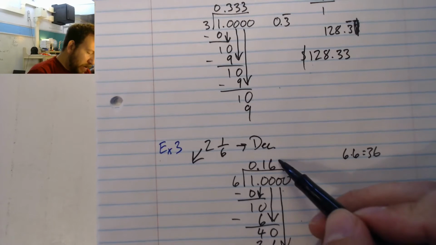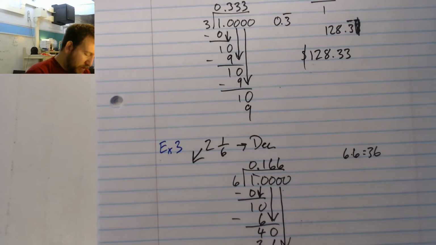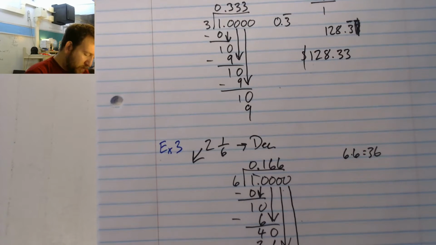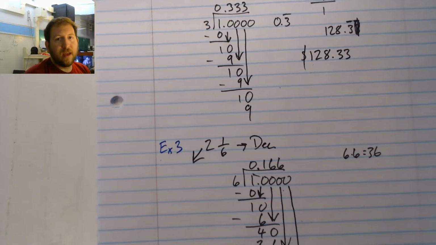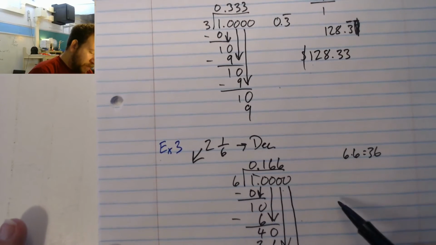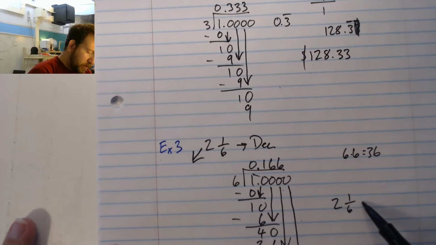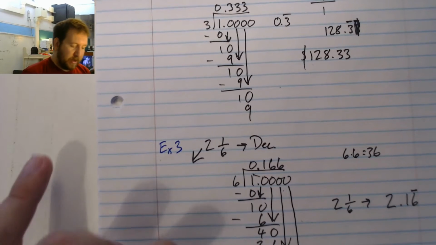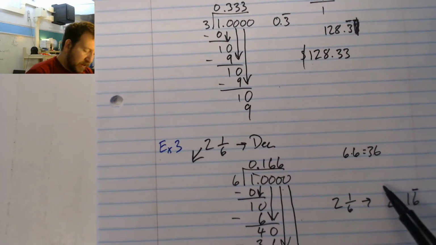This looks very suspicious. 6 times 6 is 36. Subtract 4. Bring down this 0. 40. Yeah, I definitely have a repeating pattern here. So if I'm going to write this out, I can write 2 1/6 goes to 2.16 with just the 6 repeating. And that's going to give me my answer.